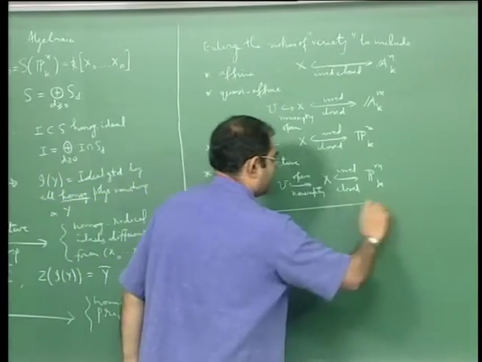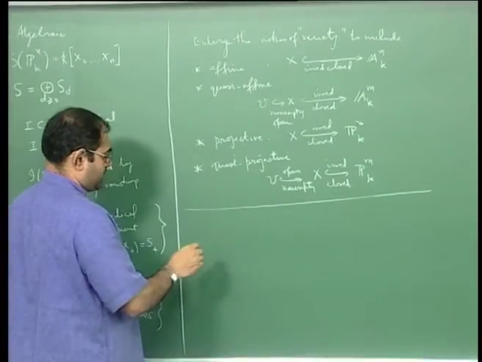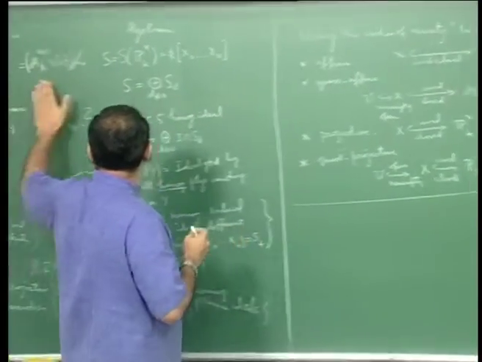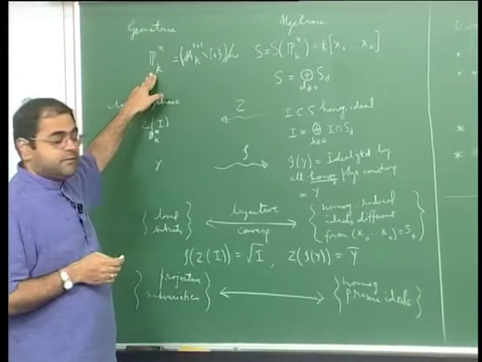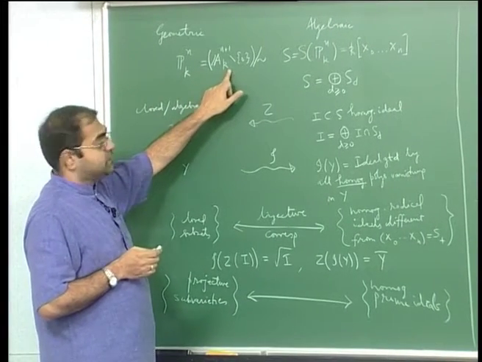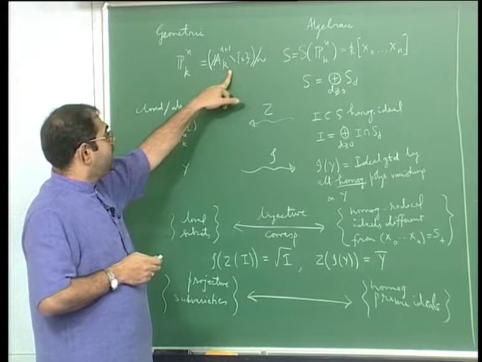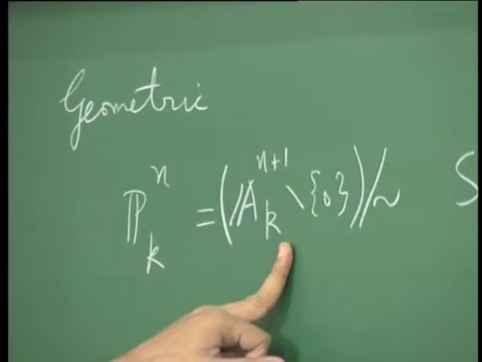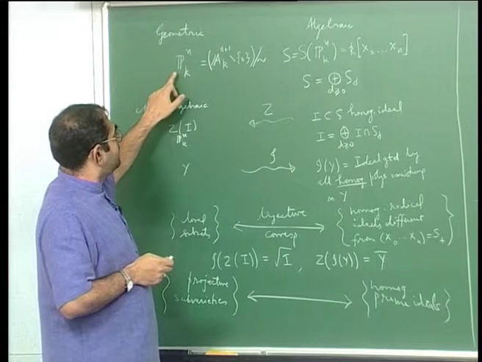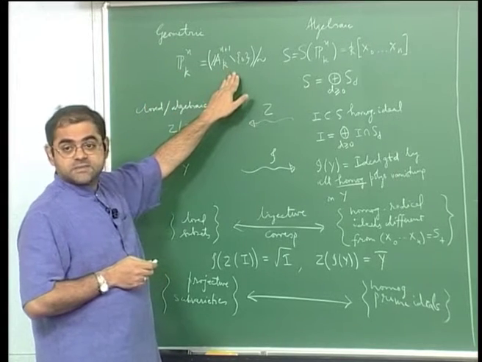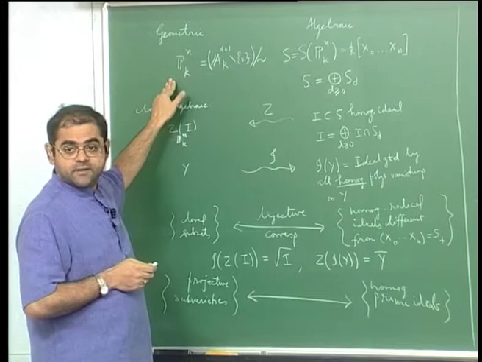I just wanted to remind you that projective space is the quotient of the punctured affine space, and the punctured affine space is Noetherian, so the projective space is Noetherian.